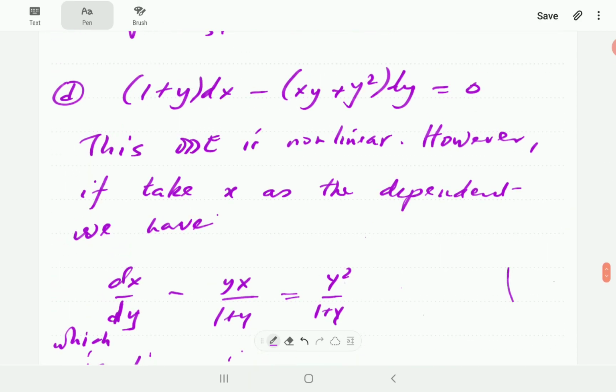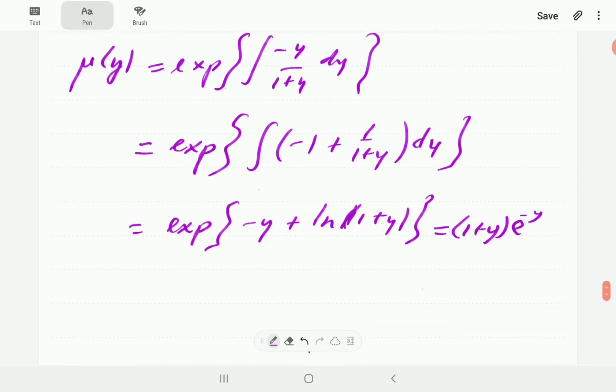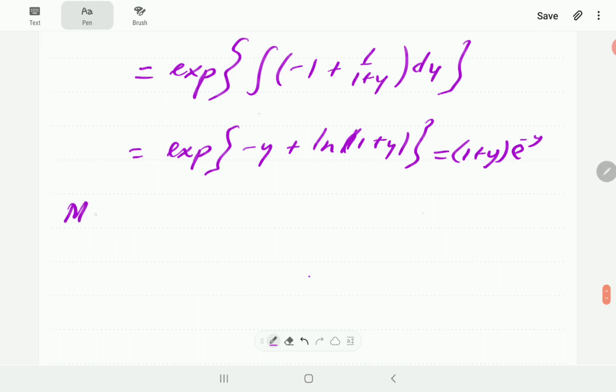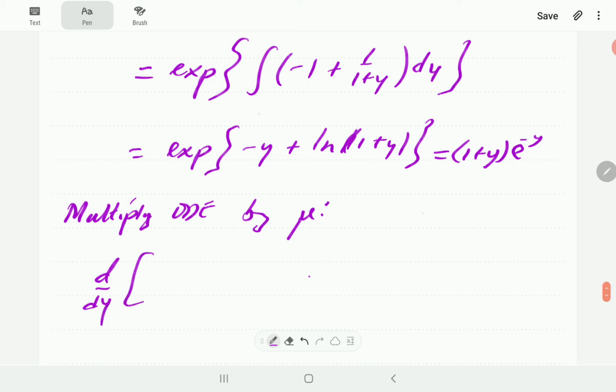So if we multiply this equation by that, I'll multiply the ODE by nu. The left hand side is just going to be d/dy this time, because we've made y the independent variable.